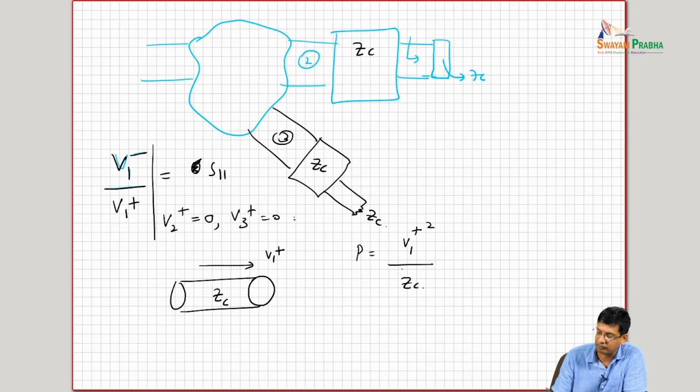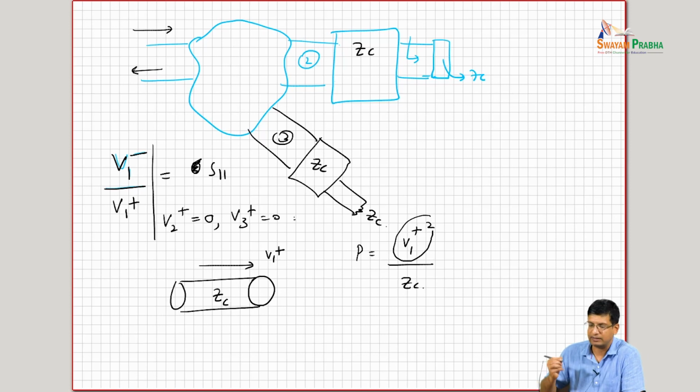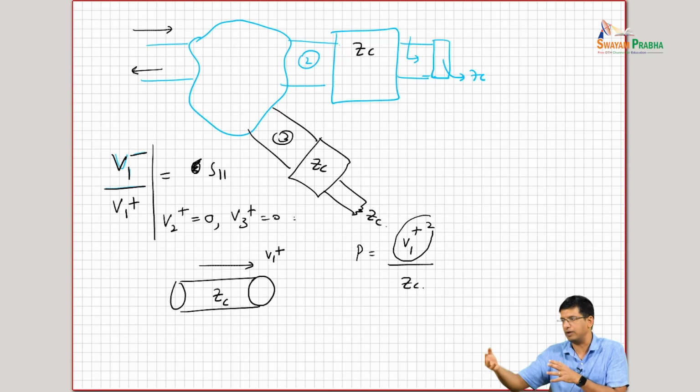So effectively, when I am considering V1 plus, I can think of this also as forward waves of power going and power getting reflected back, right? But it's all voltage waves traveling and voltage waves reflecting back, but the power is proportional to the voltage squared.